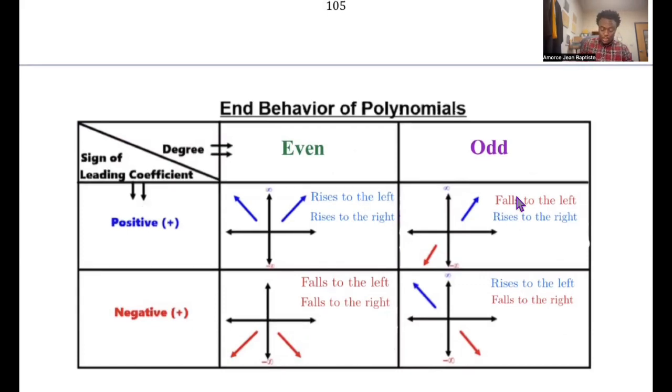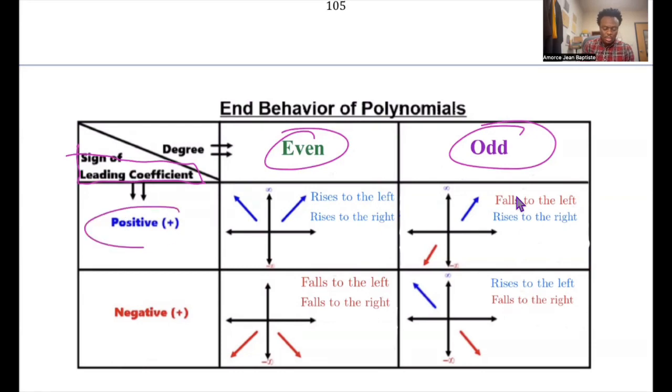The two things that we're going to focus on in order to describe how the polynomial function behaves are the sign of the leading coefficient, and the degree, whether it's even or odd, and whether the leading coefficient is positive or negative.